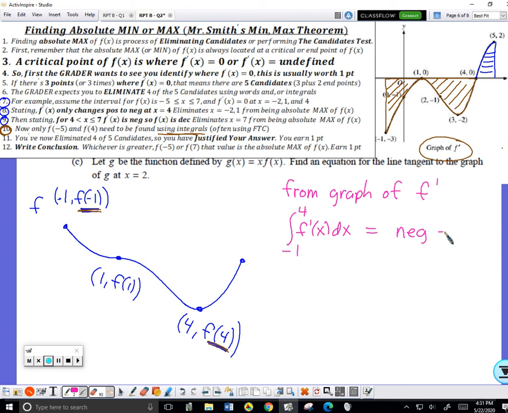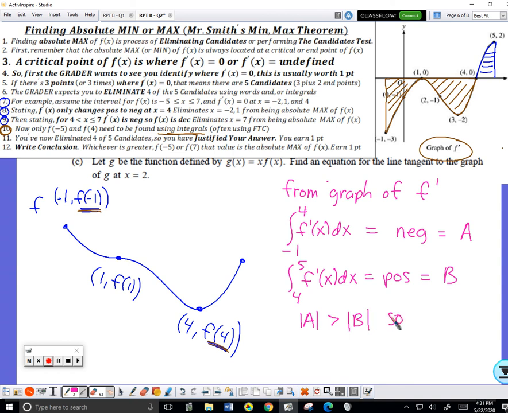And we'll just call this a. Then the integral from 4 to 5 of f prime is definitely positive. We'll call that b. And a, the absolute value of a, is definitely greater than the absolute value of b.